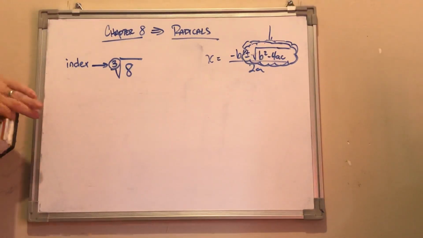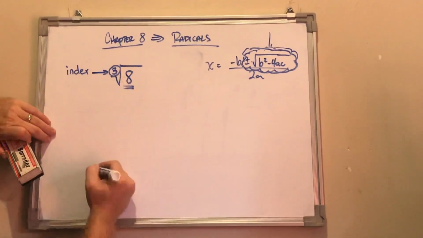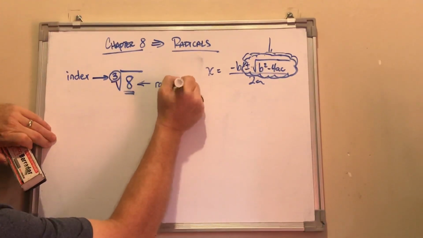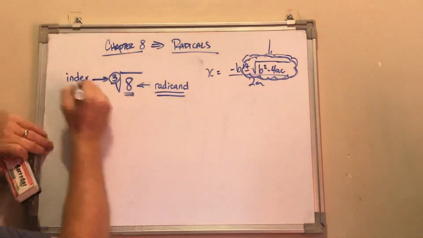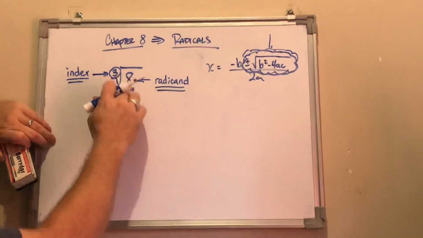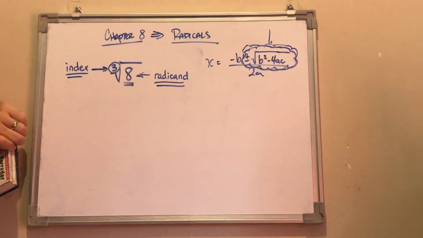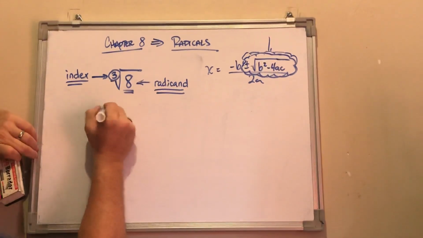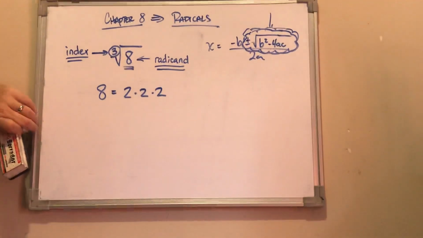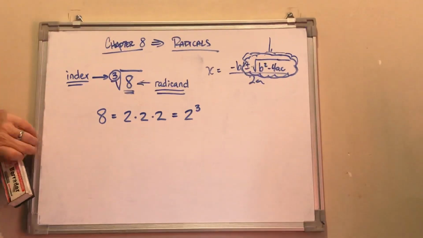Well, is there a number that can be multiplied by itself 3 times to equal 8, which is the radicand? That is the number inside the radical. Well, yes. 8 equals 2 times 2 times 2, which is also equal to 2 cubed.